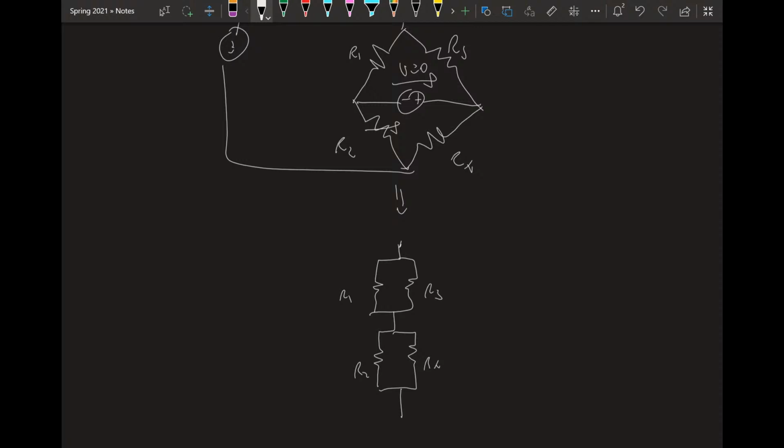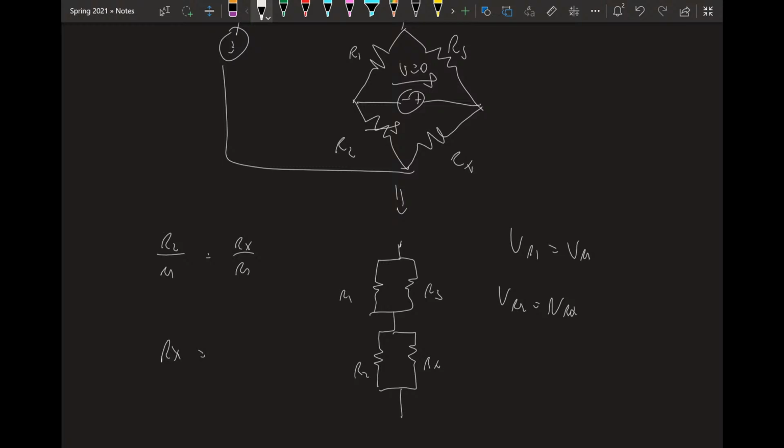Then R2 over R1 is going to equal Rx over R3, right? Because the voltage across R1 equals the voltage across R3. The voltage across R2 equals the voltage across Rx. And so this ratio holds, and then you can simply solve for Rx equals R2 over R1 times R3. And that's the whole point of the bridge.